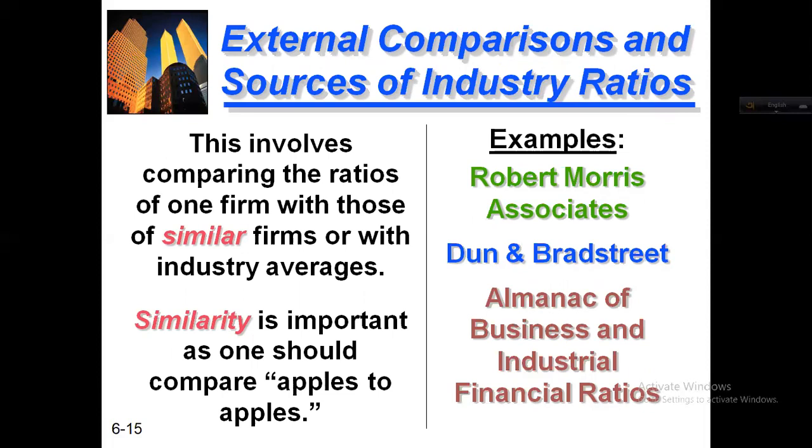Similarity is important, as one would compare apples to apples. So you can say that when a firm compares its financial ratios with the industry average, that is called cross-sectional analysis, or external comparison.